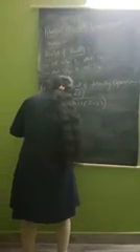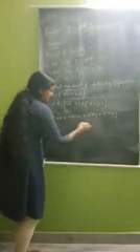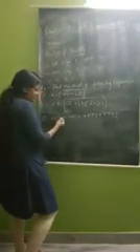The next example is vwx + vwyz + wxy + vxyz. This is the Boolean expression, a combination of AND operations and OR operations.